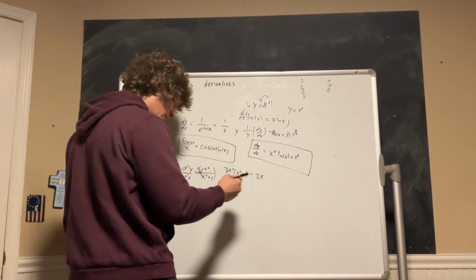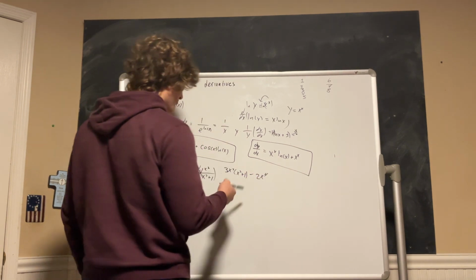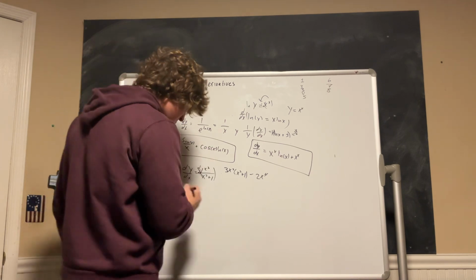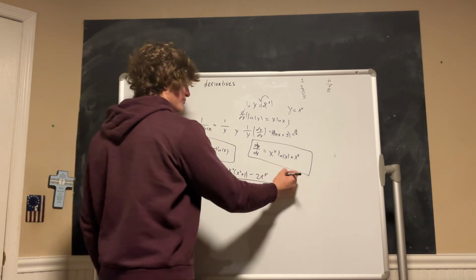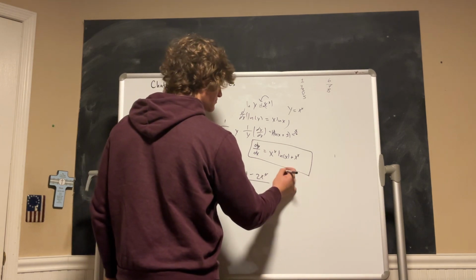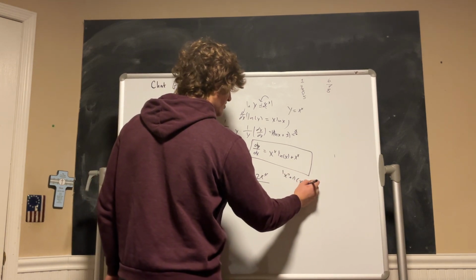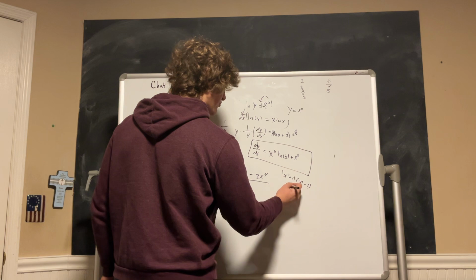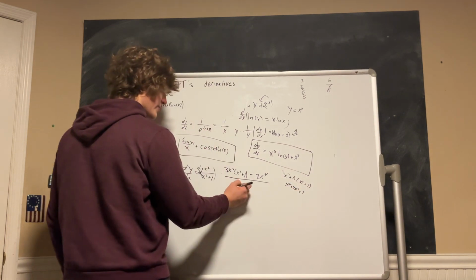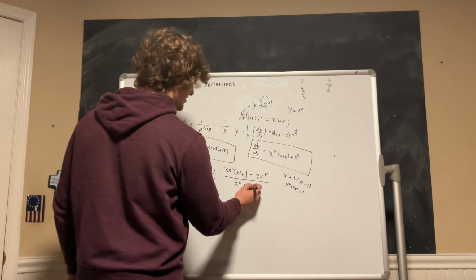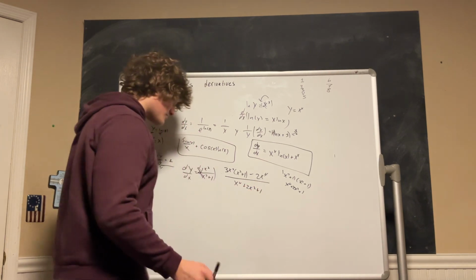So let's rewrite this as x to the 4th, divided by our bottom squared, so x squared plus 1 squared. So that is just x squared plus 1 times x squared plus 1, so it becomes x to the 4th plus 2x squared plus 1. So divided by x to the 4th plus 2x squared plus 1.